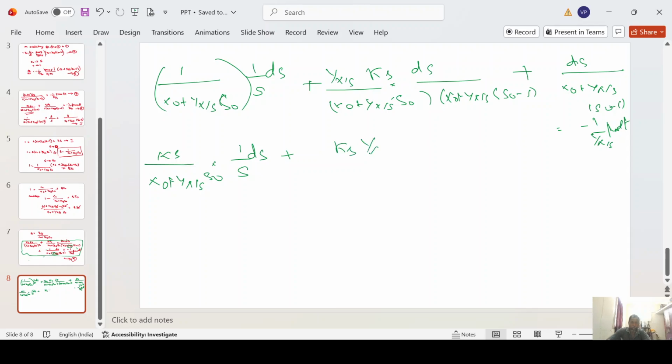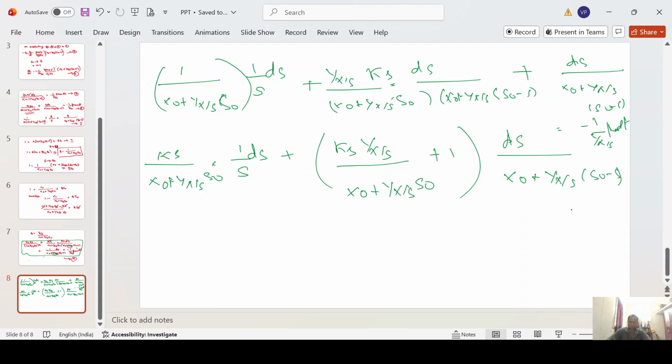So ks yx by s plus whole divided by x naught plus yx by s naught plus 1 into ds whole divided by x naught plus yx by s naught minus s is equal to minus 1 by yx by s mu max dt. So this is equation number 10.